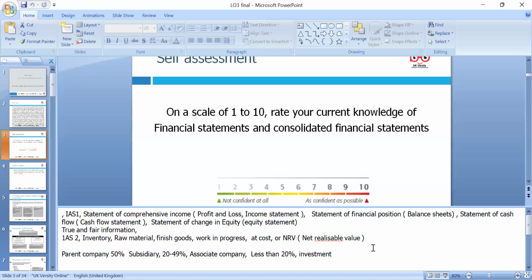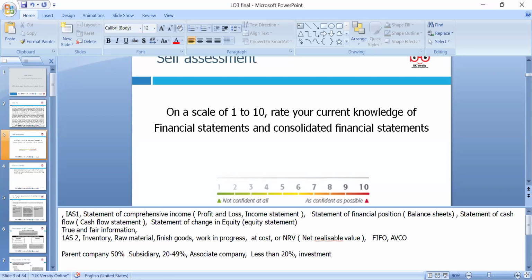There are three types of inventories: raw materials, finished goods, and work in progress. The evaluation methods under IAS 2 are first in, first out and average cost of inventory.